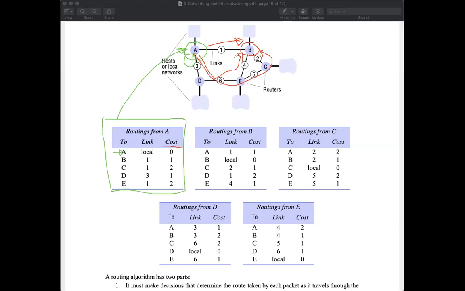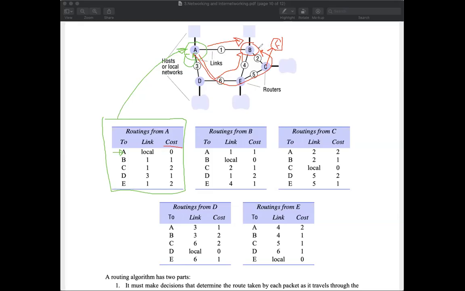Even there can be multiple such links, sometimes with some configuration, likewise there can be multiple ways to go through from router A to router B. But in a routing table, it tries to find the shortest path.